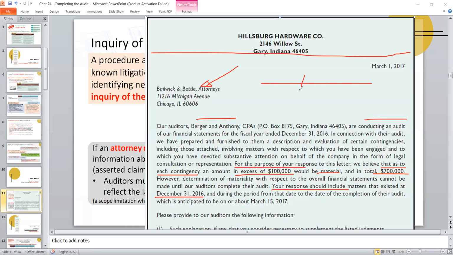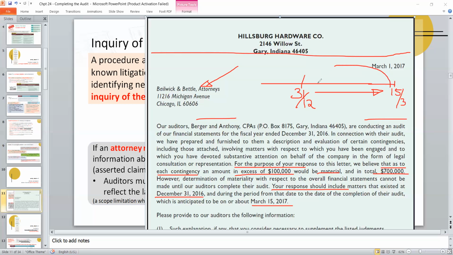Like I told you, contingencies are in the future, what kind of liabilities we still have in the future. So it will be after 31 December, and here they want the attorney to provide the information until 15 March.